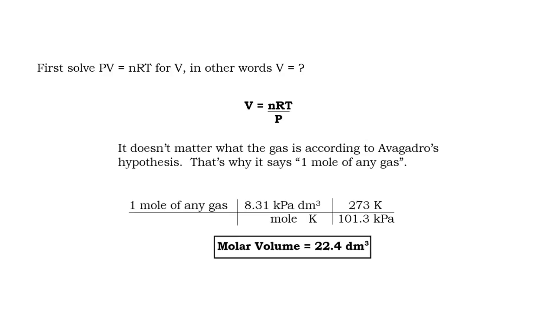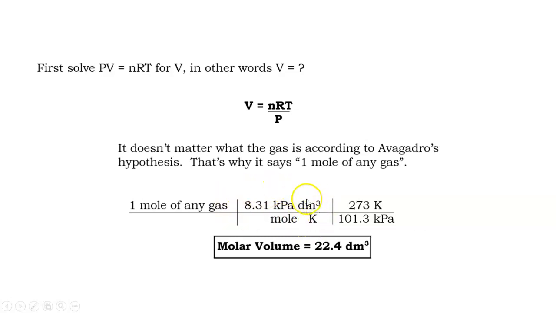Looks like that. So you can see here that you have all these variables that we just plugged in. And this 8.31, you're going to have to just take it for granted. This R is given to us, and it is this value, 8.31 kilopascals, decimeters cubed per mole Kelvin.